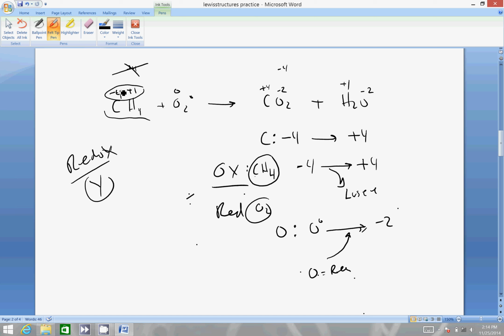This thing is what is going to be losing electrons. So this guy gets oxidized, therefore this guy is getting reduced.